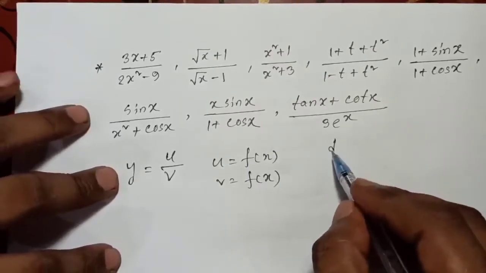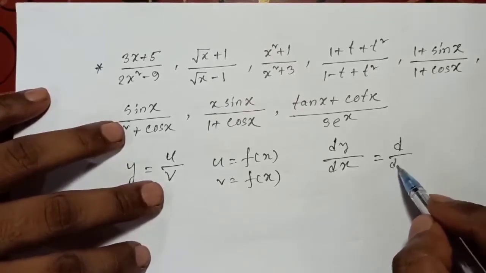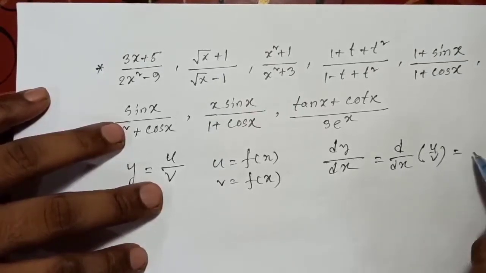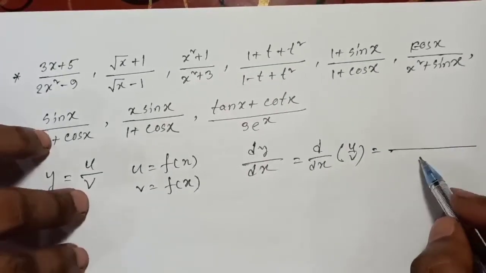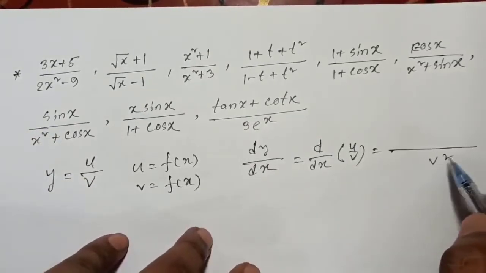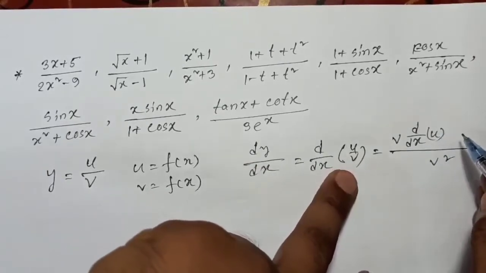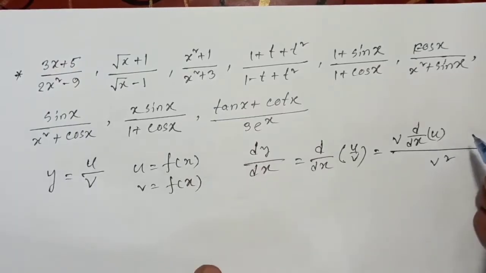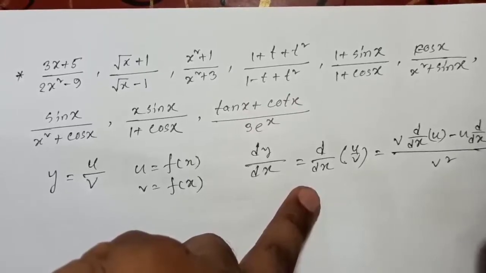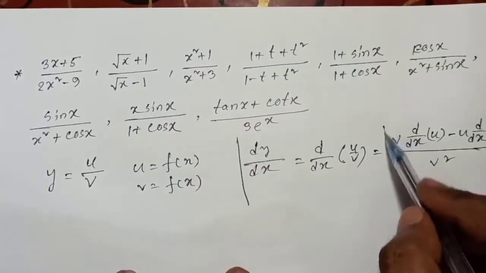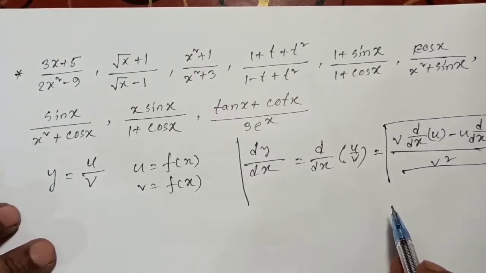So our formula will be d/dx of y equal to d/dx of u by v equal to, I hope you can see, the lower part will be v square and v will be constant, and d/dx of u. Later on I will go for the theory, then it will be clarified from the formula, and then u and the d/dx of v. So this is the basic formula for doing the derivative of a division of functions.